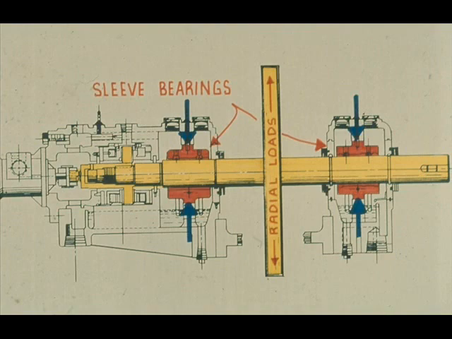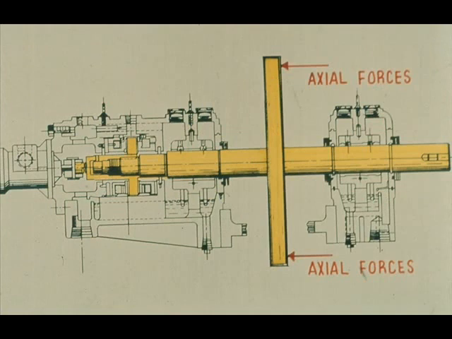Whereas sleeve bearings are designed to carry the radial loads of a rotating element within a machine, other forces acting on the rotating element axially with the shaft are frequently present. This force is the cumulative effect of gas or liquid pressure acting on elements of the rotating assembly.